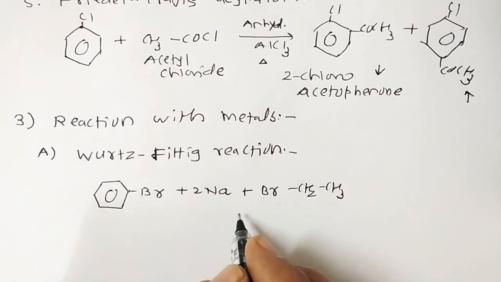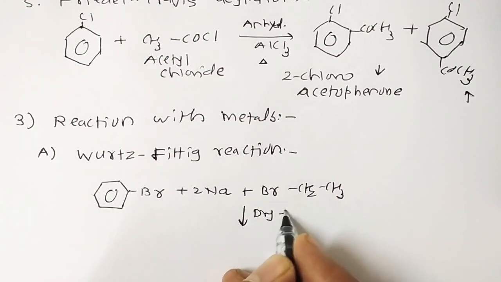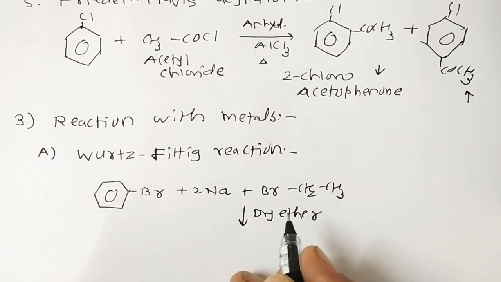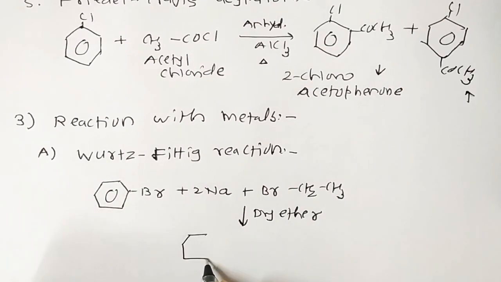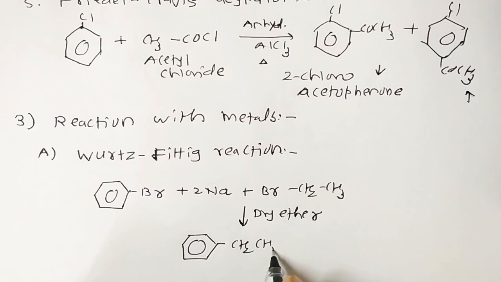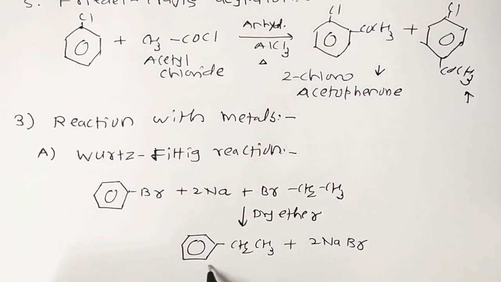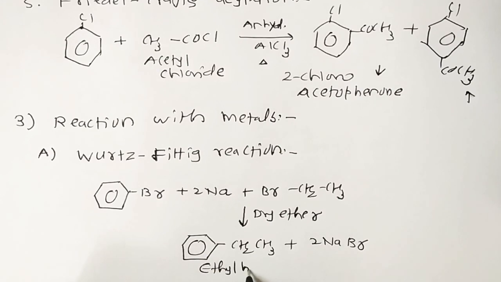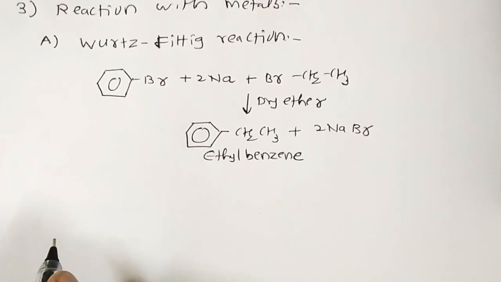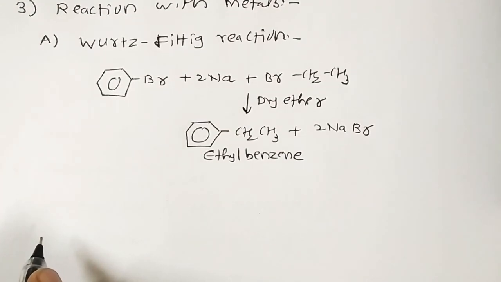If we perform these reactions in the presence of dry ether, in the same way we get a product like that, C6H5CH2CH3 plus twice NaBr is released. So this compound is called ethylbenzene. So this reaction is called the Wurtz-Fittig reaction.